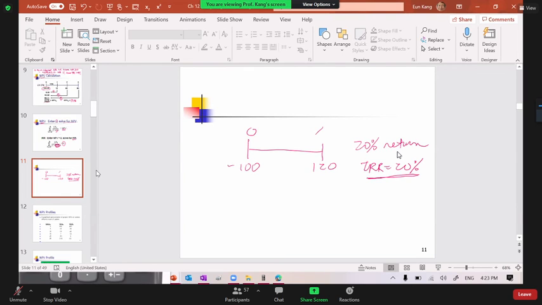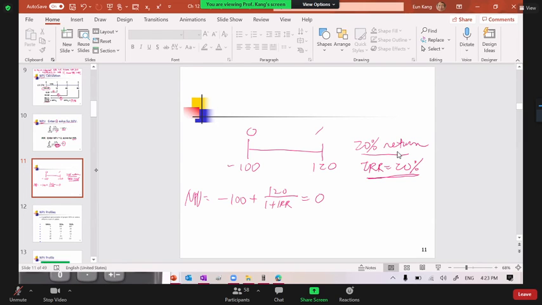Internal rate of return is nothing more than the return of the project. Let me verify. The formula is minus 100 plus 120 over 1 plus IRR equals 0. I just chose a simple example to show you that IRR is nothing more than the return of the project. Net present value equals CF0 plus C1 over 1 plus IRR equals 0.